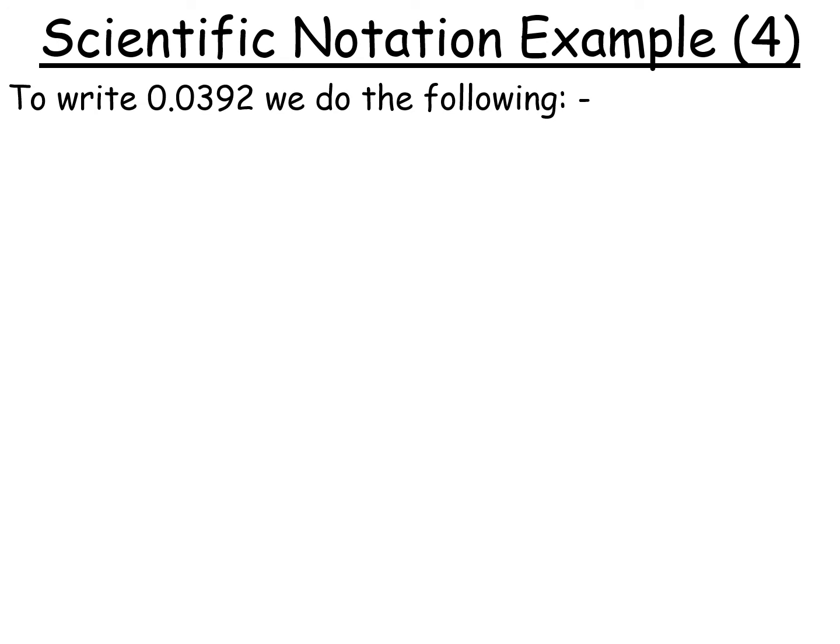Okay, so I'm going to go straight into it. Same rules as before, as always. Write down the first whole number you come across. So that's 3. We put the decimal point down after that. Are there any numbers after 3? Yep. So it's 9 and 2. So we put 9 and 2 after the 3. Then we put times 10.